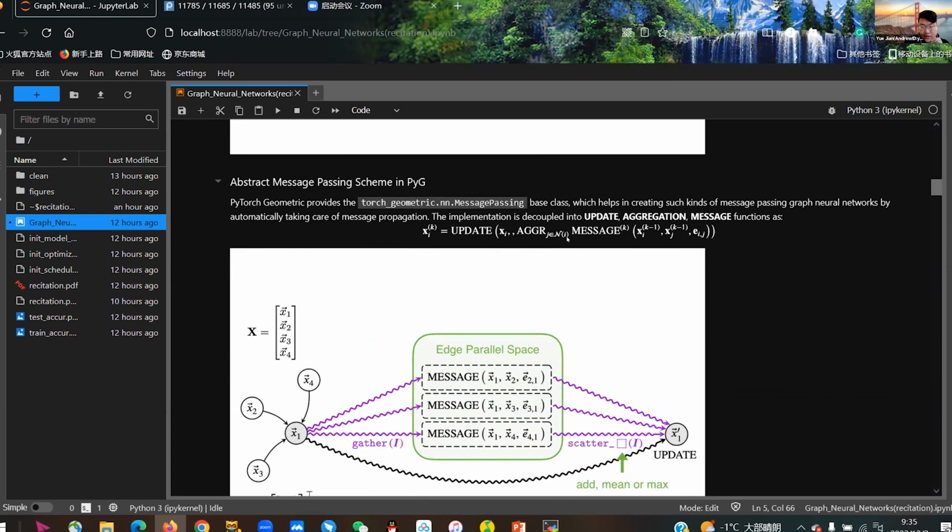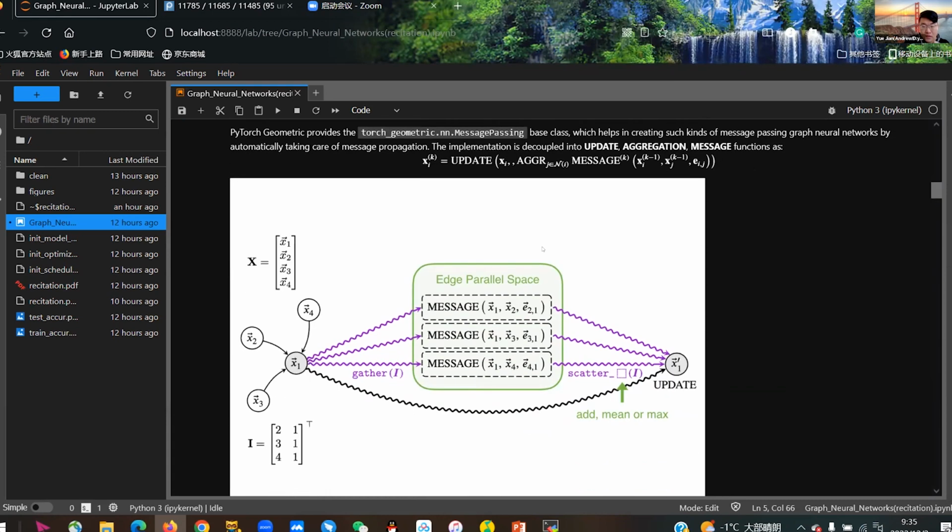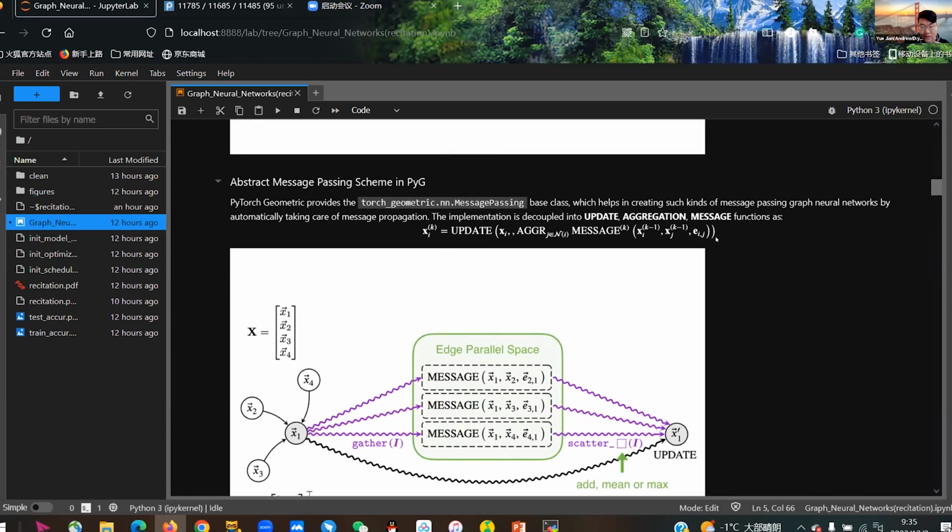Like you can see here, it will include a message, an aggregation method, and an update. So if you change the way of update, aggregation, and message, you can code your own graph neural network layers yourself. And GCN is only one subcase of this general framework of feature aggregation.